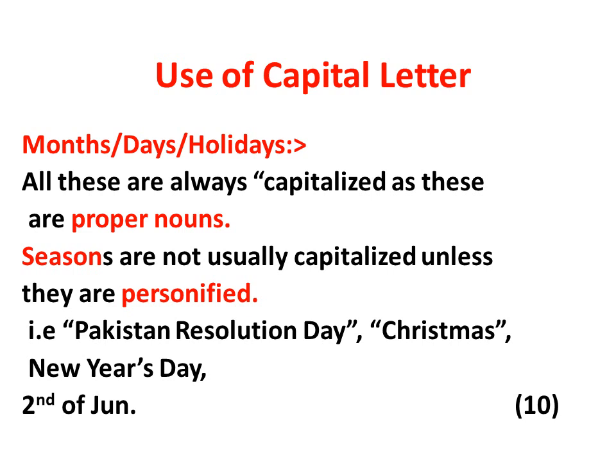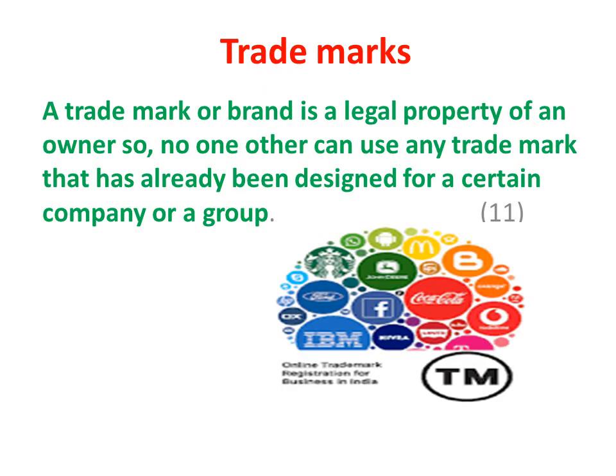Dear audience, dear spectator, now there comes the next rule, and it is used for trademarks. A trademark or brand is the legal property of an owner, so no one else can use a trademark that has already been designed for a certain company or group. Examples are there. TM, it is a trademark.